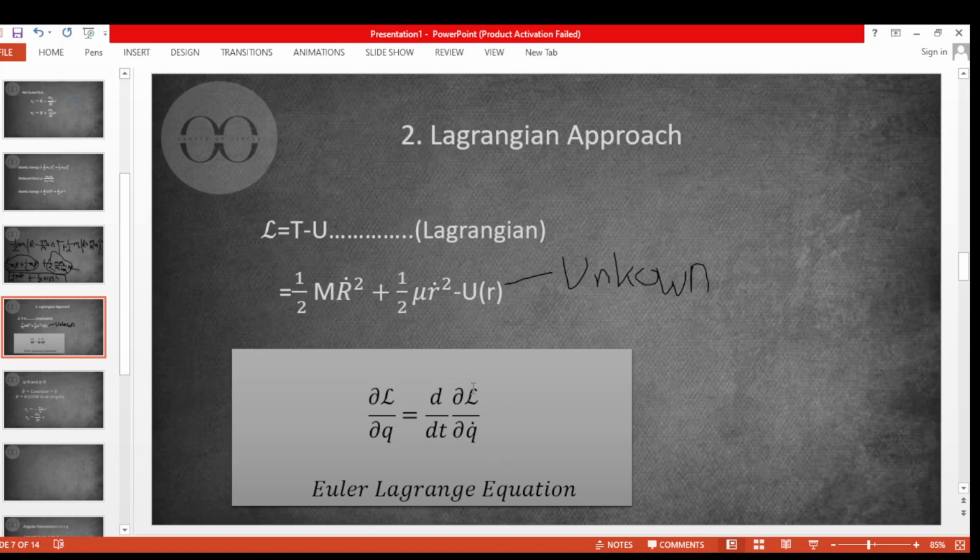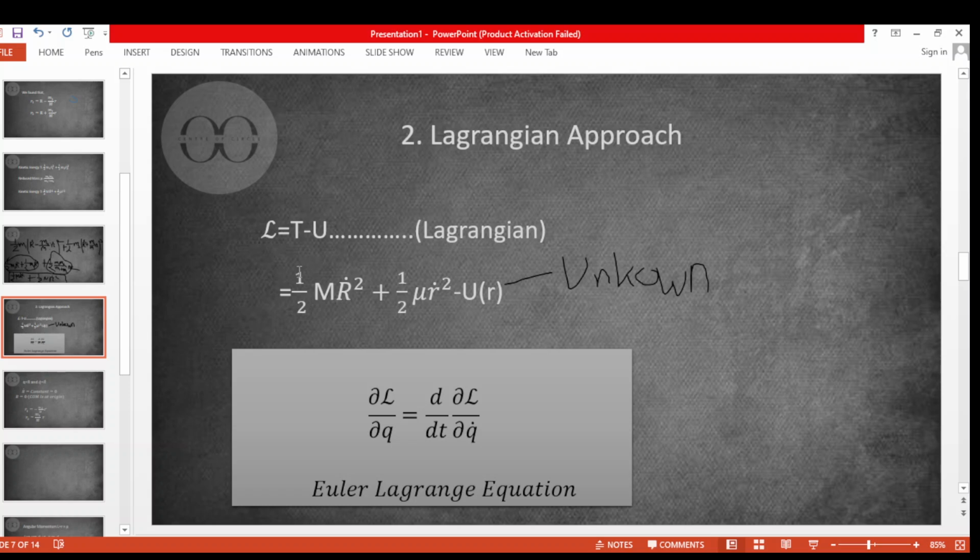What about this part? At first, the partial derivative of the Lagrangian with respect to R dot is M R dot, as this term is independent of R dot, and in this term there is R dot.